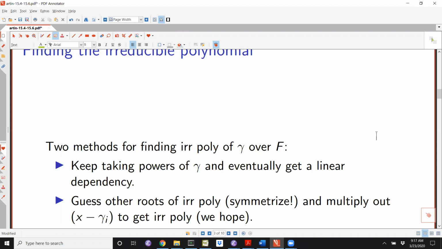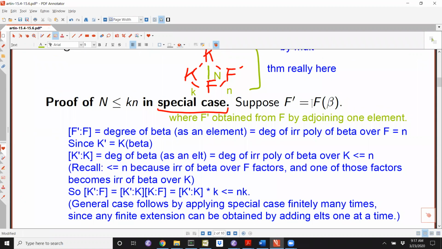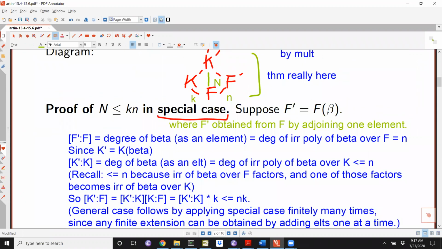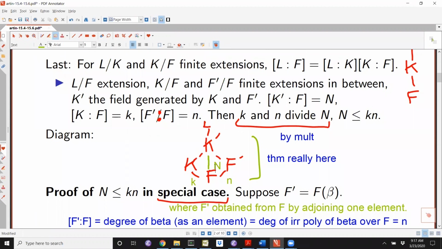But hello, we're back with Math 221B. Just as a quick review for those of you going back to watch this lecture again: we had this one result about a little diamond of field extensions.